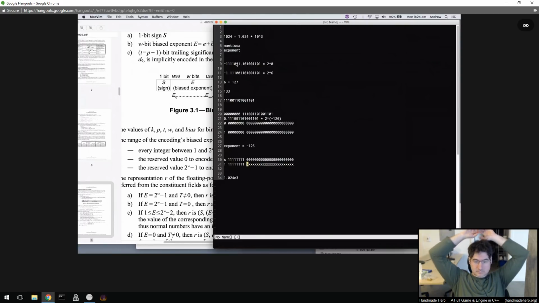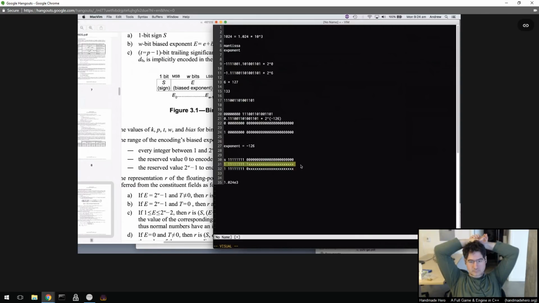And by the way, there are two kinds of not a number. One is if there's a 1 bit here, and one is if there's a 0 bit here. But clearly, the rest of the field has to be non-zero if that bit is 0. This is called a quiet NaN, quiet not a number, and this is called a signaling NaN, signaling not a number. The difference is that quiet is just propagated through your calculations. If you try to do anything with it, you get not a number as an answer, and a signaling not a number is one that always raises an exception no matter what.